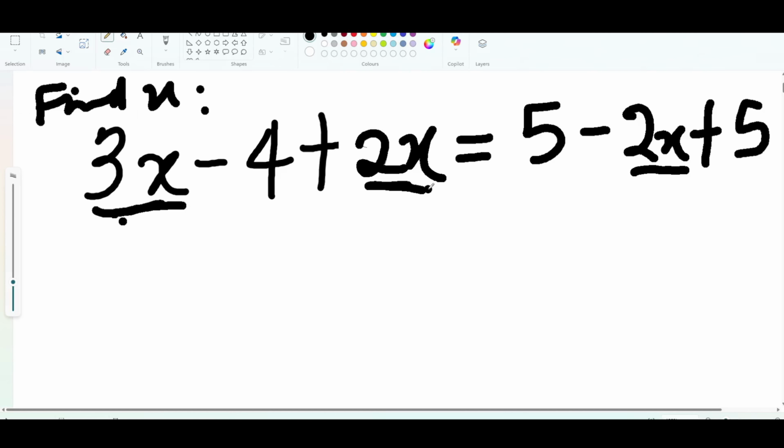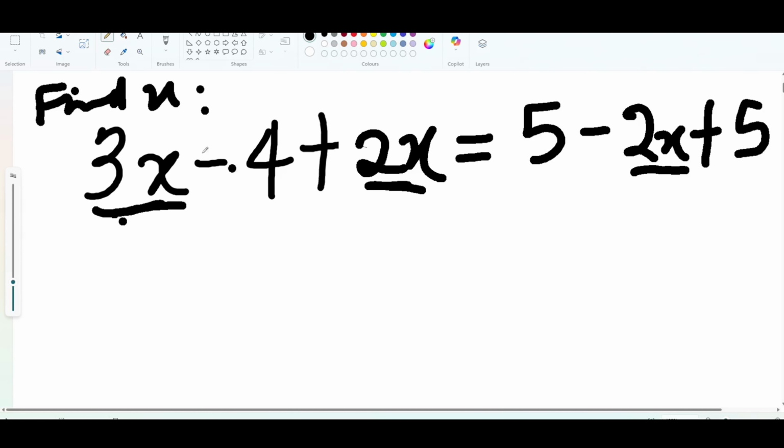So what we just need to do is to bring this term to the left hand side, and while we're bringing it, its sign will become positive. And this one is minus 4. By the time it is taken to the other side of the equation, it becomes plus 4. So that is how we collect the like terms.